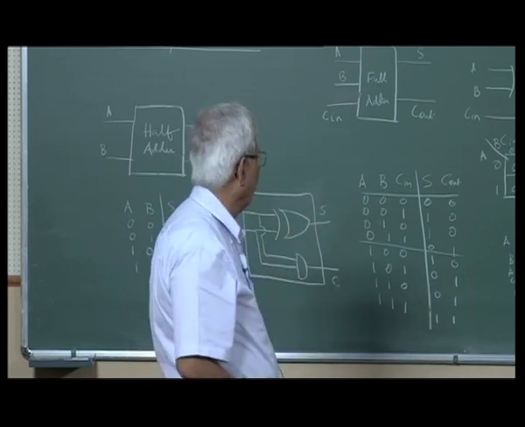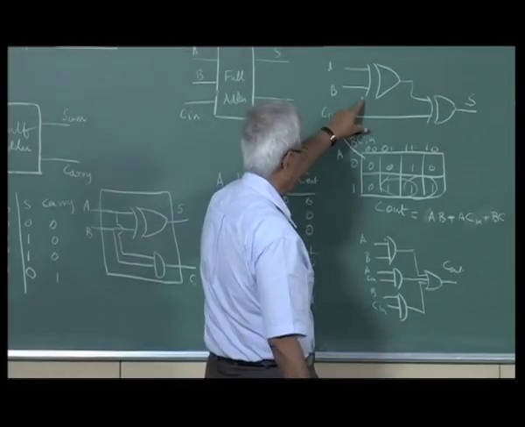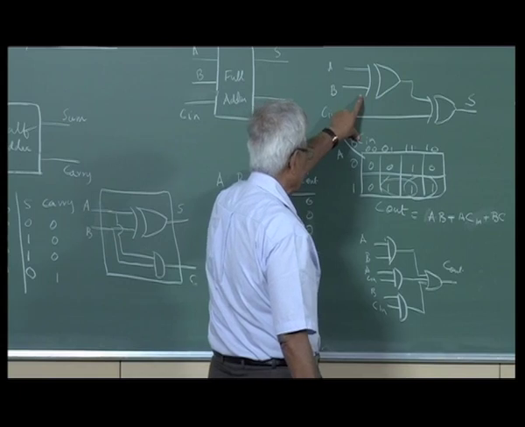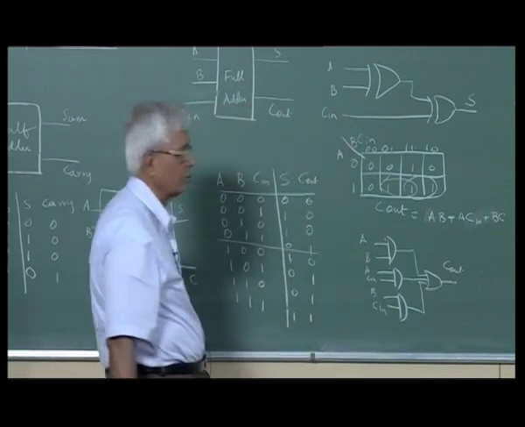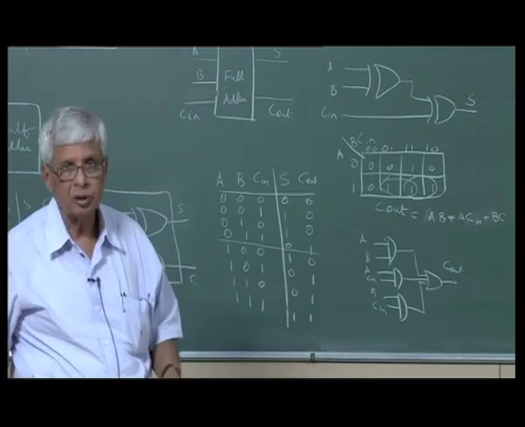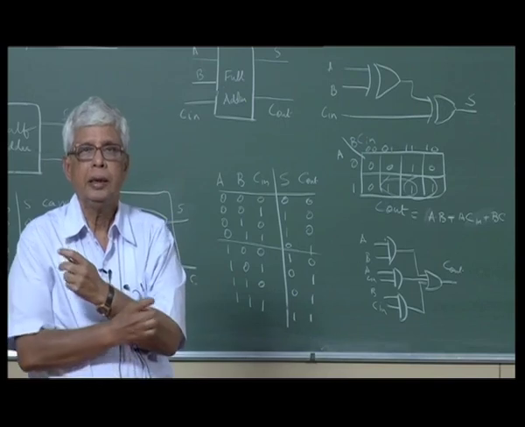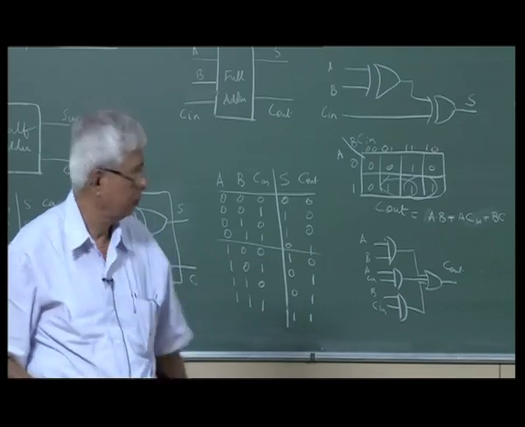And each of them is this circuit. Each of these is a full adder circuit. We have this type of gates for sum, this type of gates for the carry. Such a circuit is called a ripple carry adder.